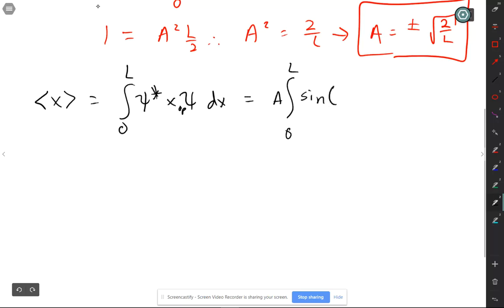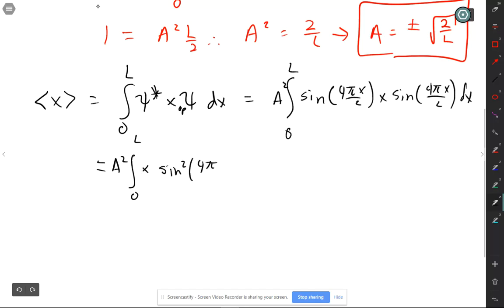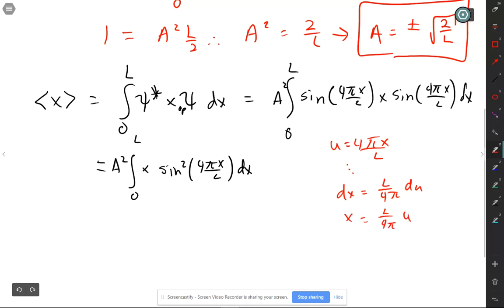And so in our case, that's going to be the integral from 0 to L of a squared out front, and I'm going to have sine of 4 pi x over L times x times sine of 4 pi x over L dx, which can be simplified, and we use exactly the same u substitution as we did before, except for now I'm going to substitute in for x as well.